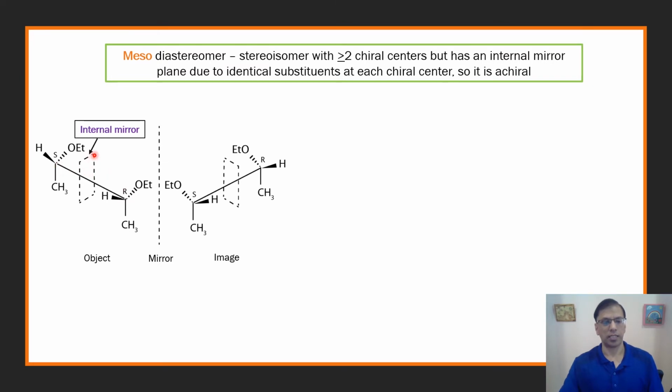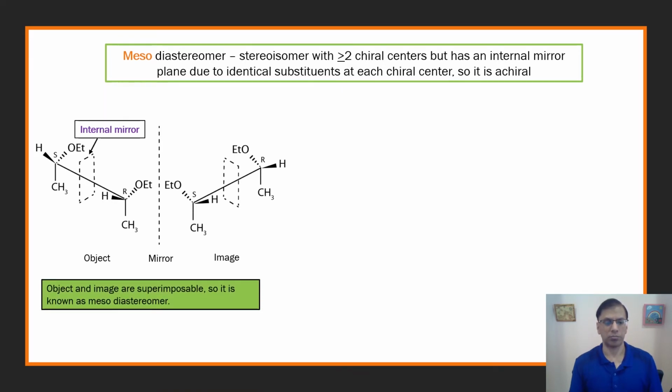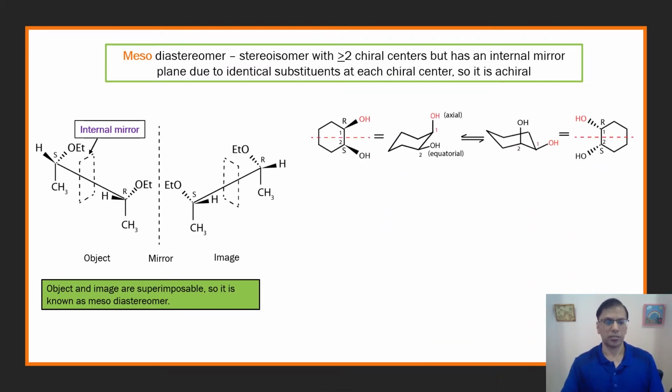And because they are identical, there is an internal plane of mirror. And so these two are considered to be meso diastereomers. It's essentially one and the same molecule. The object and the mirror images are superimposable.